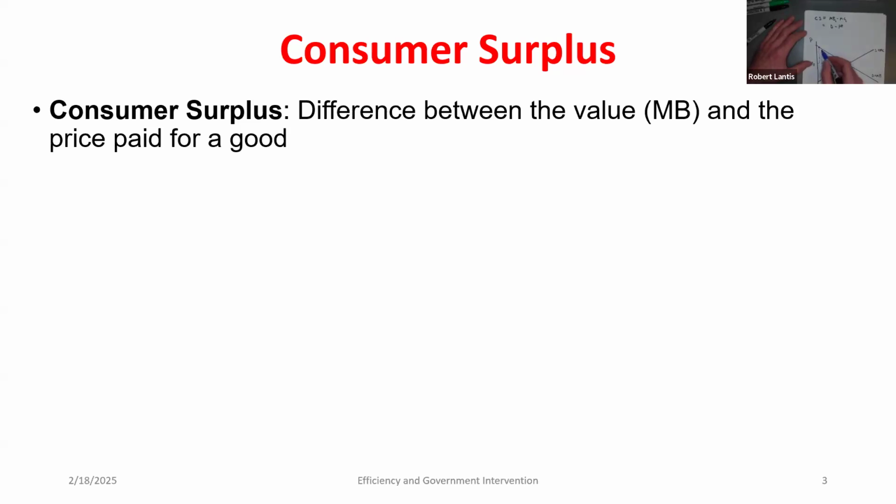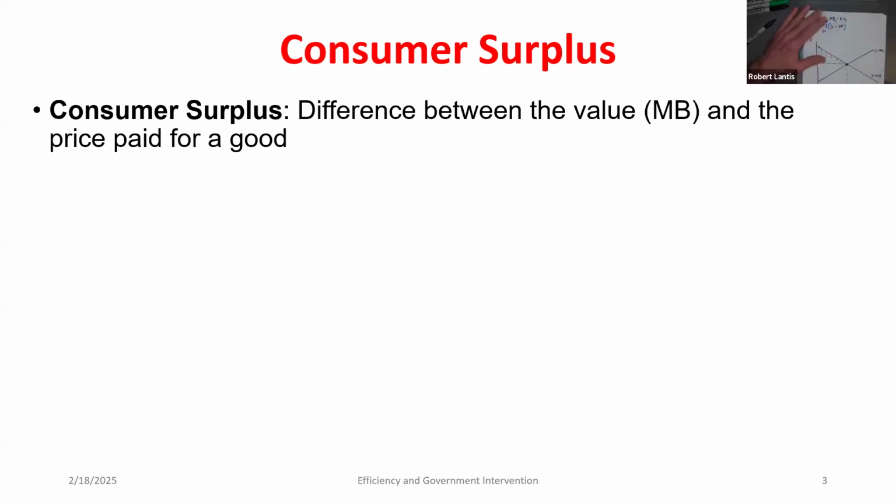So I'm going to do that for every single unit that's purchased up to that equilibrium quantity. Right? So mathematically, I'm going to add up starting with the first unit, going all the way to the last.